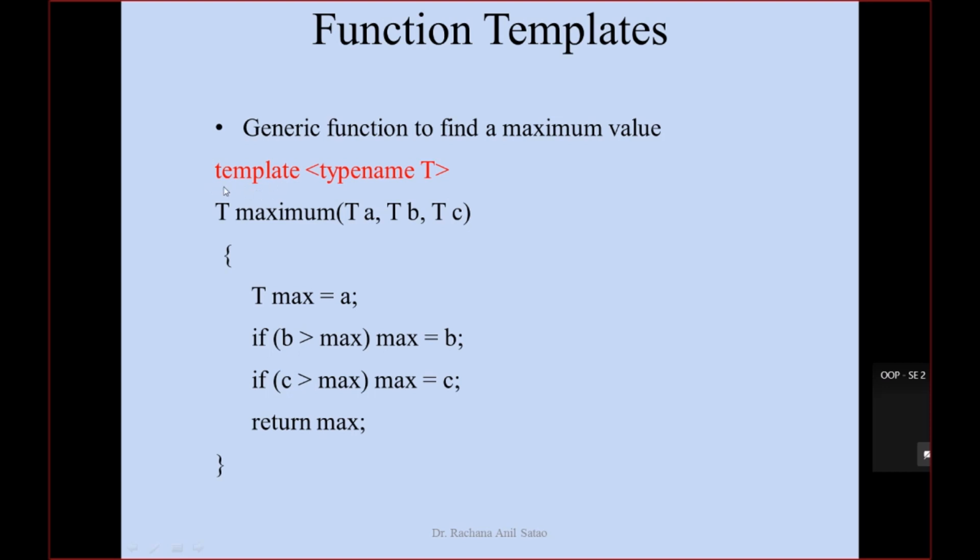Then, in brackets, these are different brackets, not round or curly brackets, just check this sign. Inside that bracket I am writing typename space T. Now this T you can say is a temporary variable name I am creating here for this template.